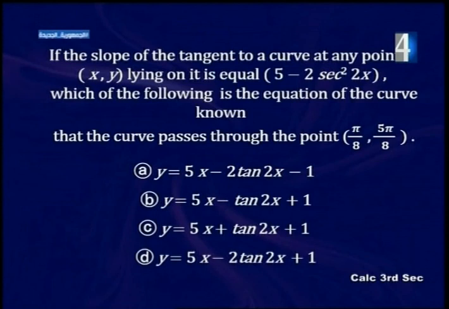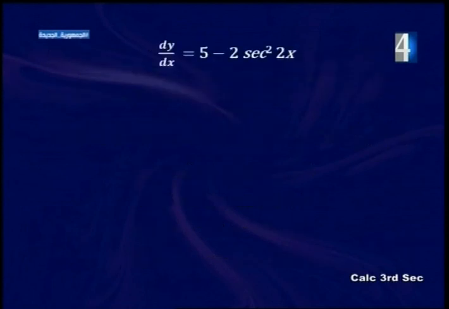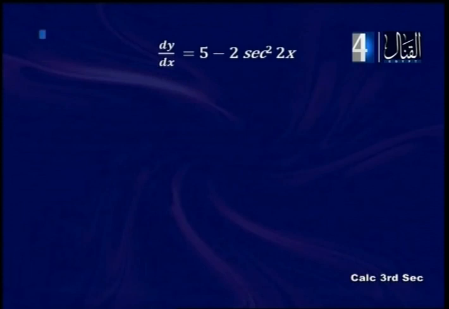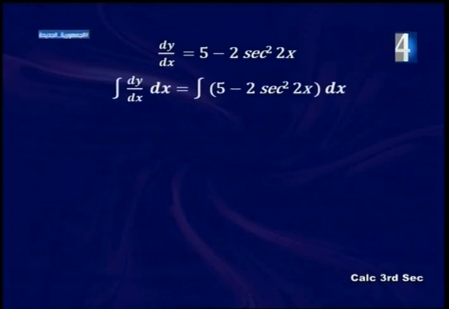We have the slope of the tangent to the function, 5 minus 2 sec^2(2x). Then dy/dx equals 5 minus 2 sec^2(2x). Now we can integrate both sides with respect to the variable x. Then the integral of dy/dx equals the integral of 5 minus 2 sec^2(2x) dx.